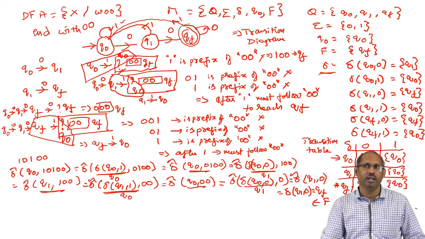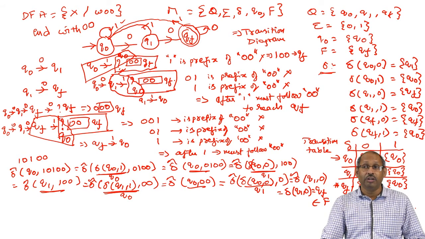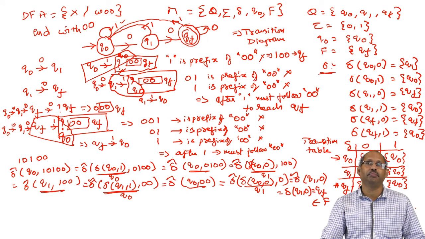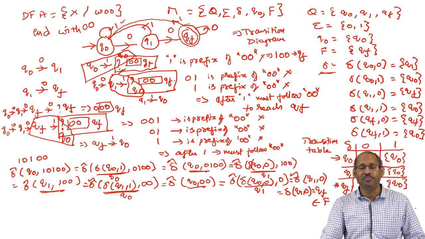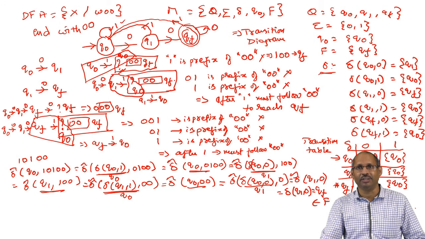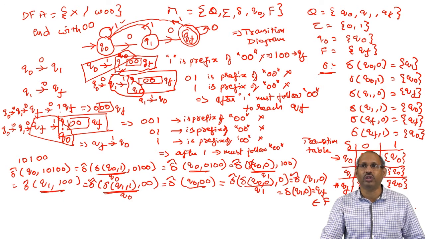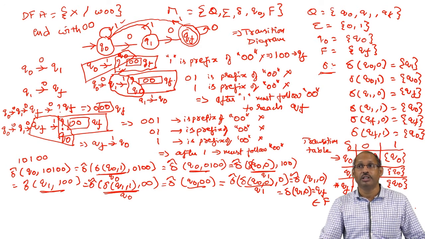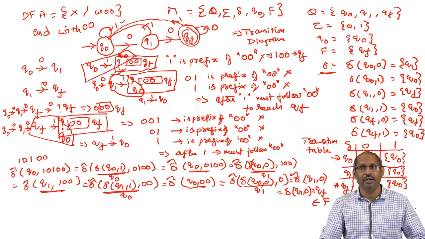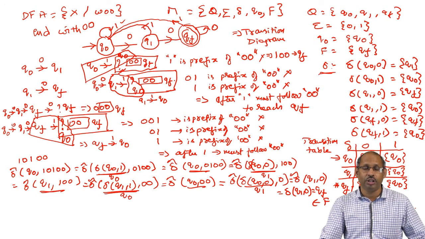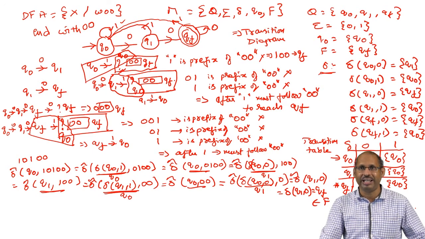Is it clear? The final output state after reading the symbols of the string 1, 0, 1, 2 zeros results in QF. Since QF is a final state, the string is accepted.